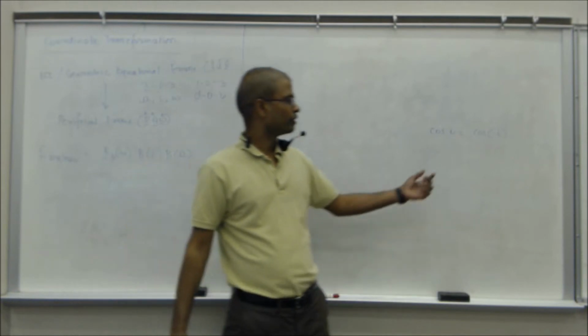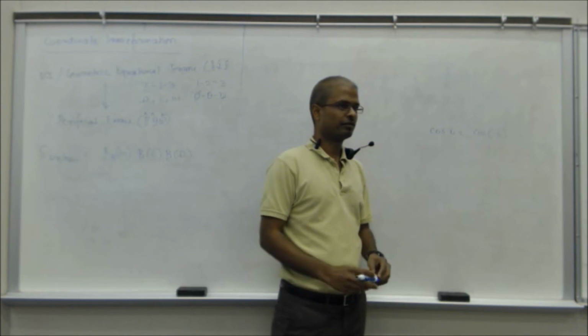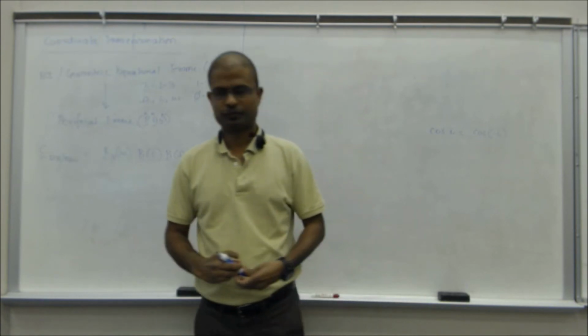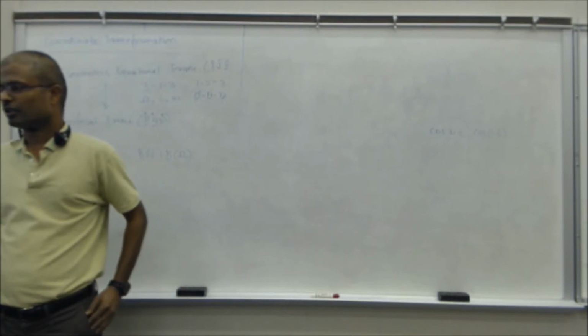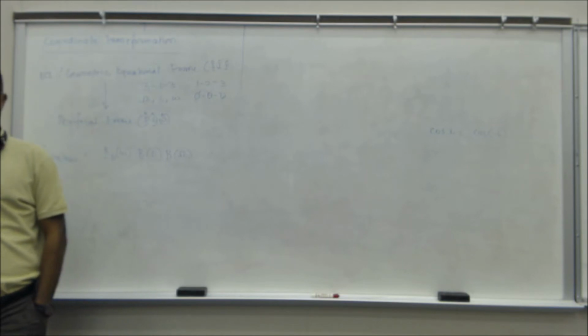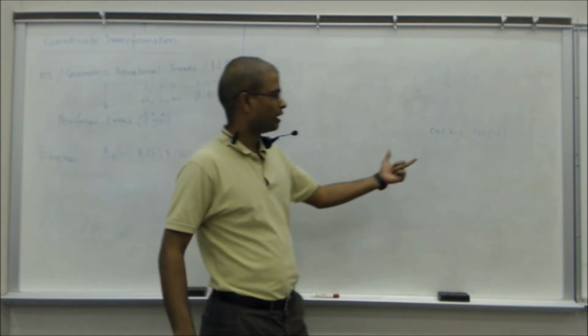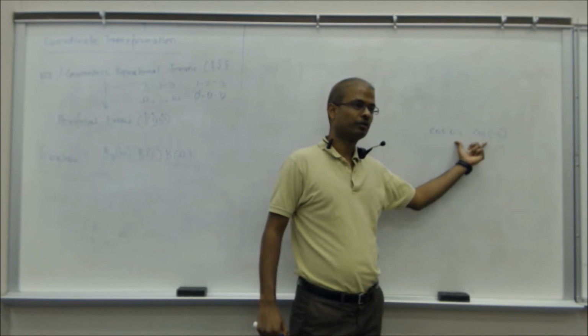So when you calculate I, is it I or minus I? I would suggest you go back and read. So this I and minus I will define whether it's a prograde or a retrograde orbit.